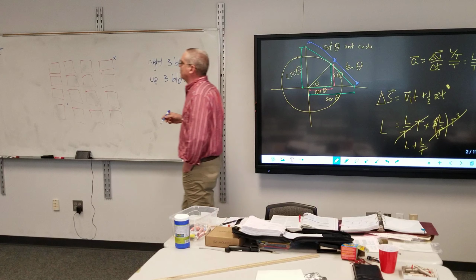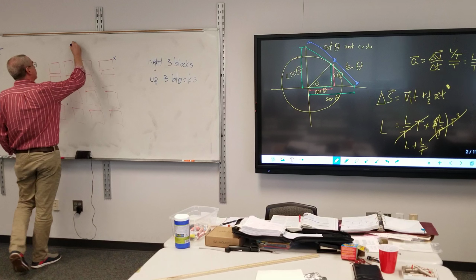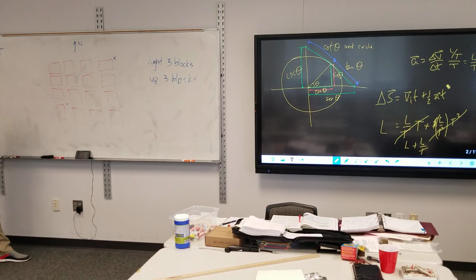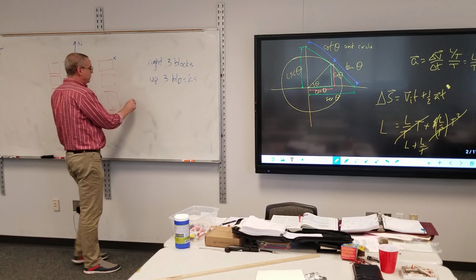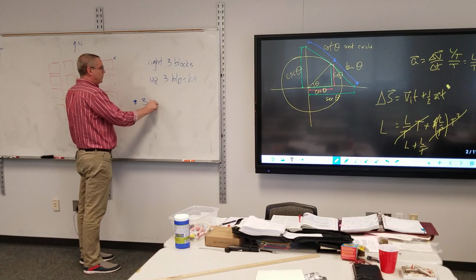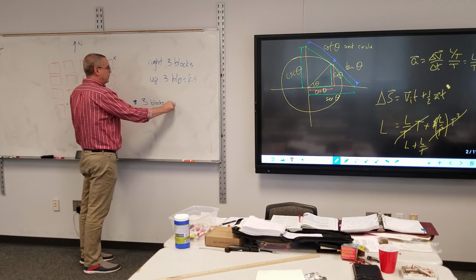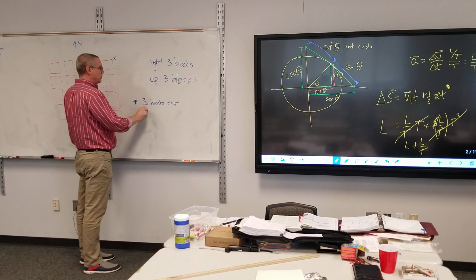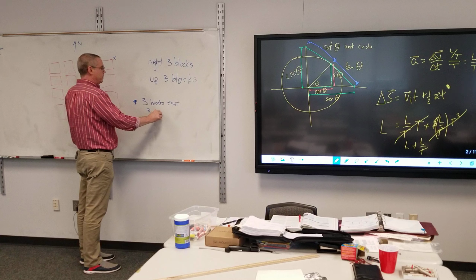Okay, so let's just do with the traditional, north is this way. So you had east 3 blocks and north 3 blocks.